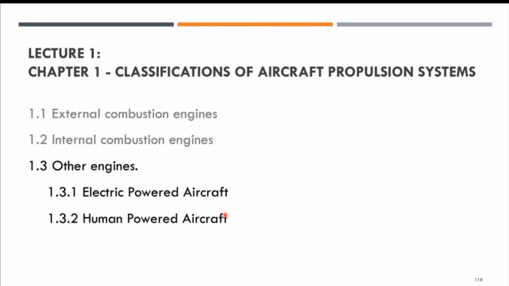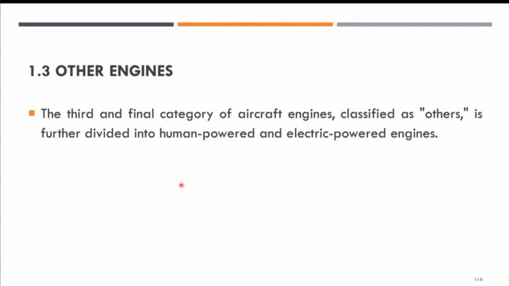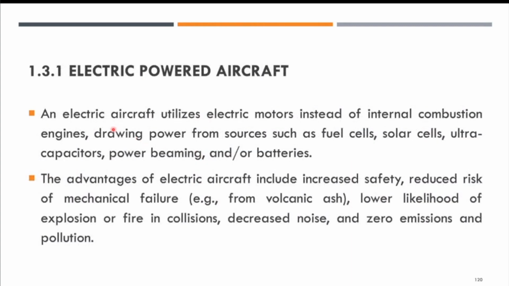Okay, last part of the presentation today, we will look at other engine, electric powered aircraft, and human powered aircraft. All right. So the third category and the final category classified as other type of engine. Right. We have electric aircraft, more and more research being done to use electric to power aircraft.